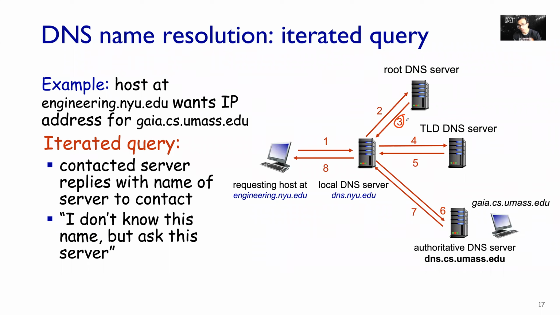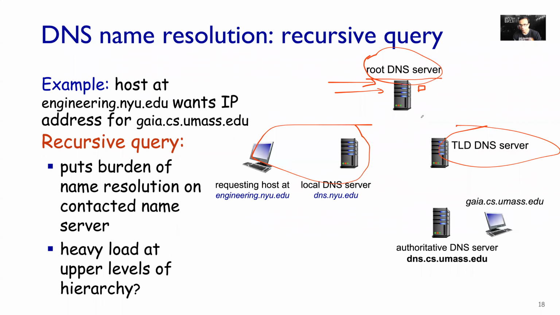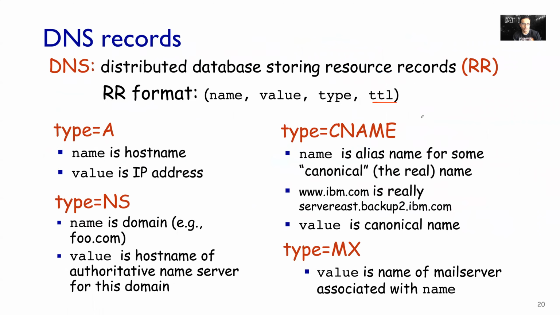So this response 3 will actually contain an NS entry. It's going to tell you what is the name server that's managing the .edu domain. So if you look inside response number 3, you will see a type NS record, where the name will be basically .edu, and the value will be the actual host name of the name server that's managing the edu hierarchy. So that's where you see type NS records.